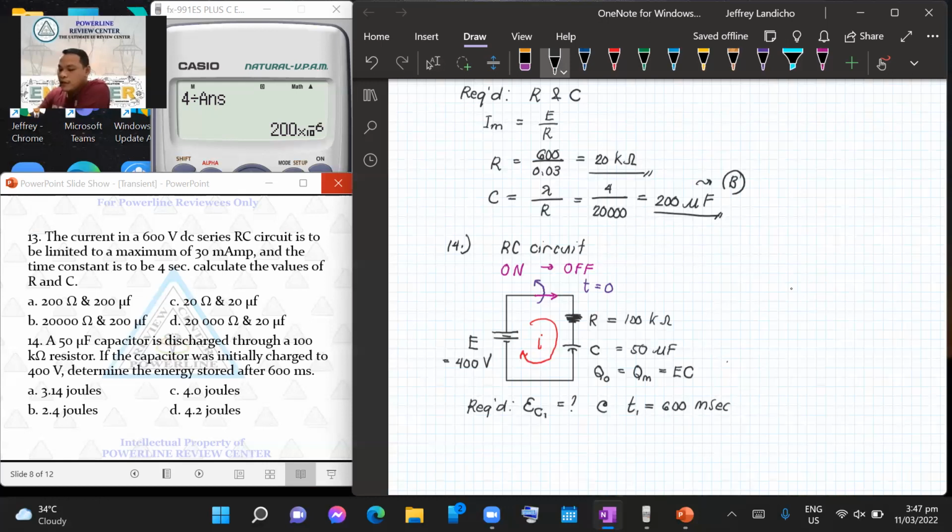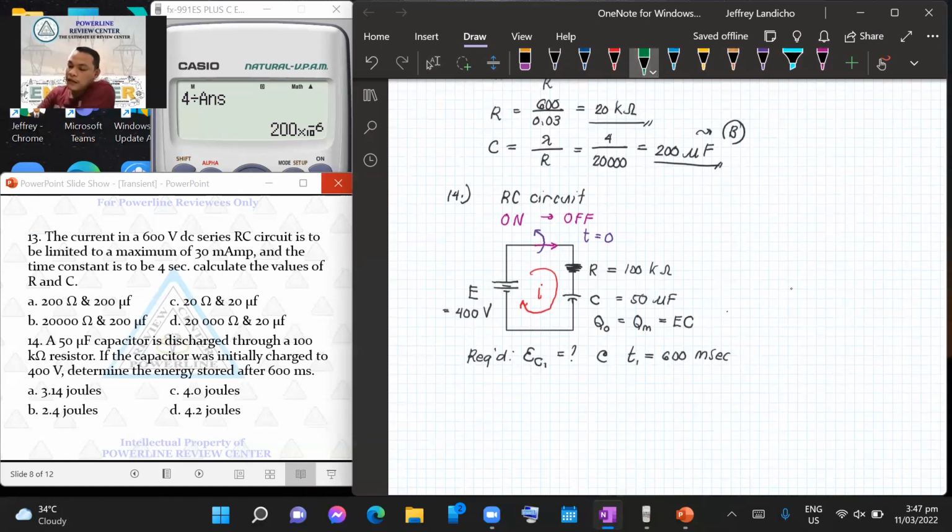So, para makuha natin yan, babalikan lang natin ano ba behavior ng ating decay transient pagdating kay RC circuit. Kaparehas lang ng ating decay doon sa ating RL circuit. At time equal to 0, open na yung ating switch. So lumalabas ulit that V sub R plus V sub C equal kanino? 0.